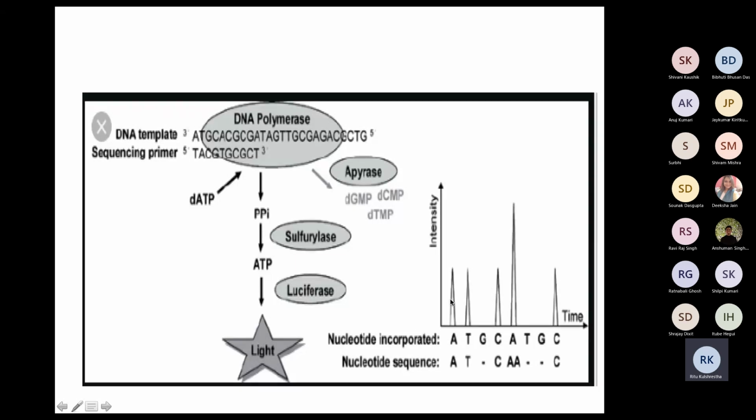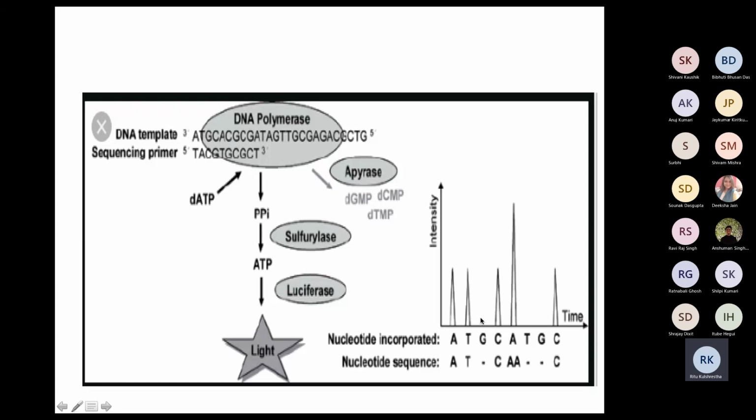In this case, it means when I added A, I get A here, then T, then G did not get incorporated, then C got incorporated, then A got incorporated, but then I got a longer peak. The longer peak means that A got incorporated again. So the height of the peak will tell me how many A's got incorporated.